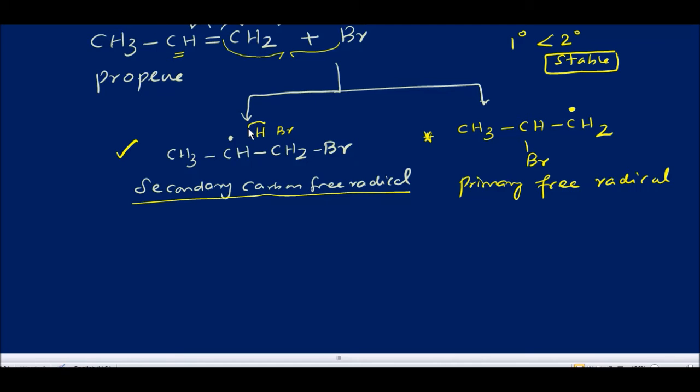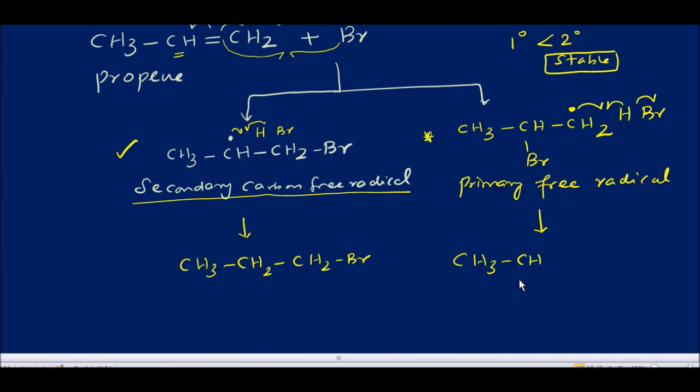Now the hydrogen is going to share its electron. As a result of that, we will be having CH3, CH2, and CH2Br. And here, when you supply the hydrogen bromide, the bond is formed between these two, and this is being released. And you can have CH3, CH, Br, and CH3.